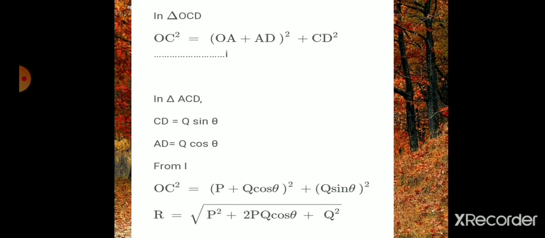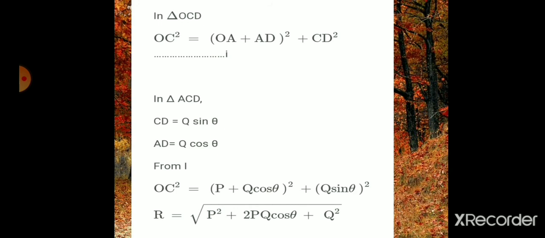From the above equation for OC square, substituting for CD and AD and OA, we get OC square is equivalent to P plus Q cos theta the whole square plus Q sin theta the whole square.